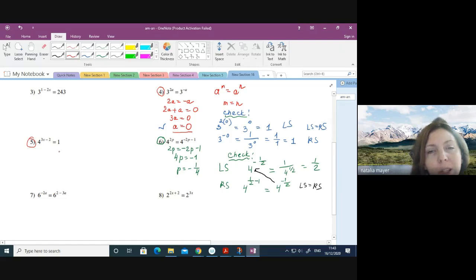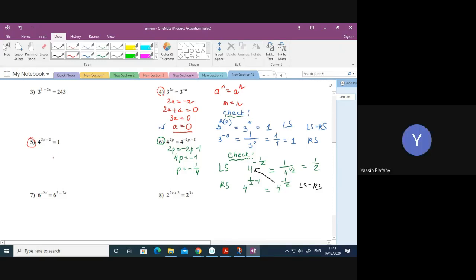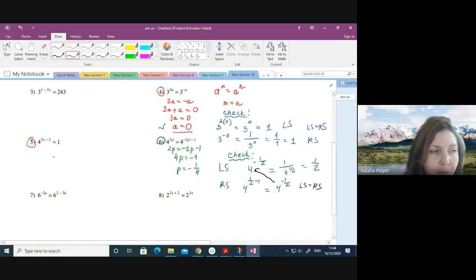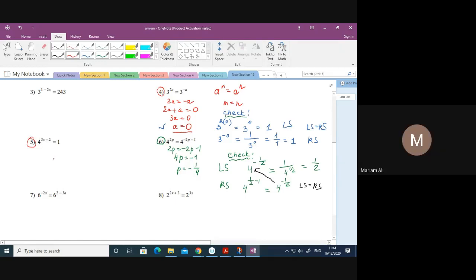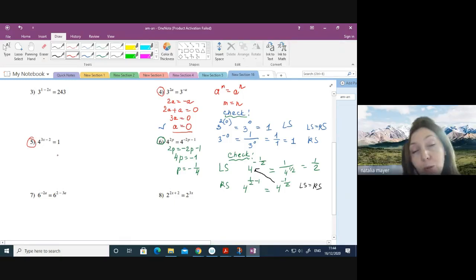So we need to do something in order to have the same base on both sides. Do you have any ideas about how to do it? I think we could think: 4 to the power of what gives 1, which is 0. Absolutely, yes.